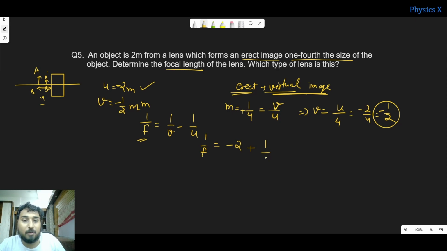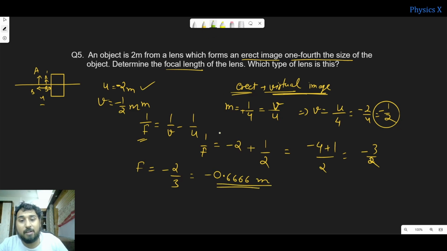So this will be minus 4 plus 1 by 2, which is equal to minus 3 upon 2. So the focal length is minus 2 by 3. Dividing this, you will be getting 0.6666 meter, and you are having a negative sign.